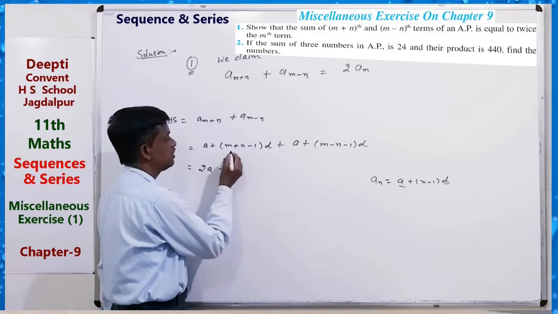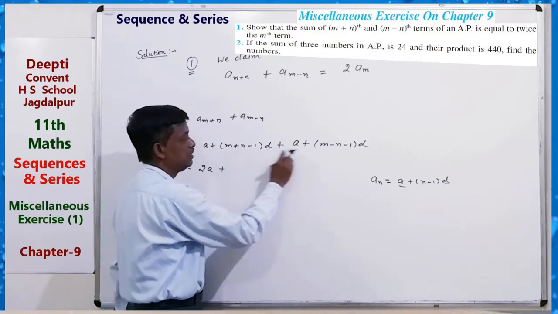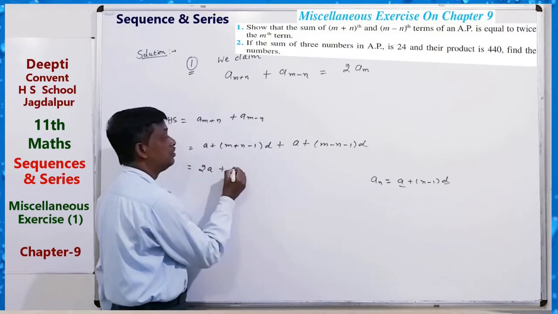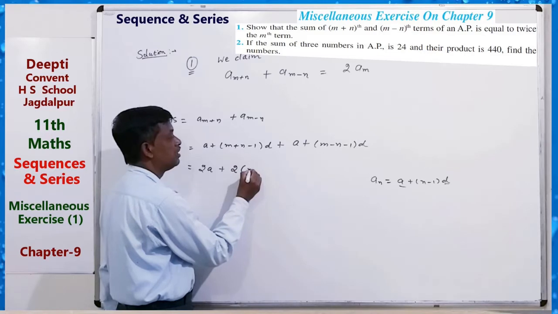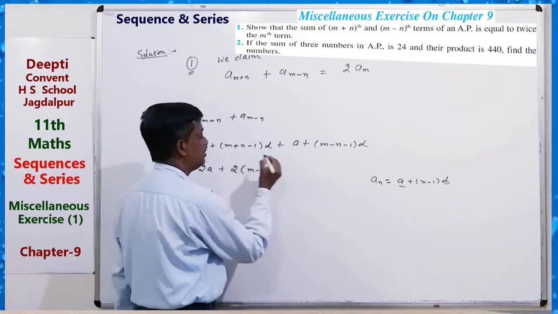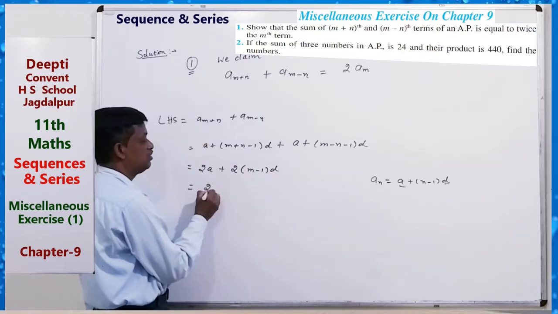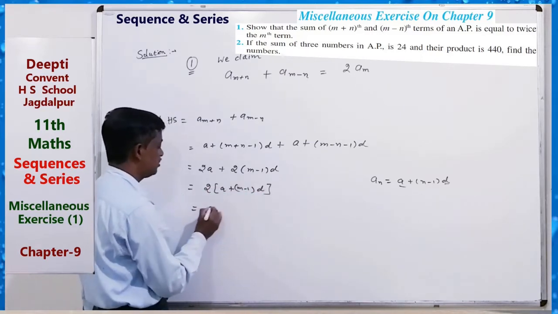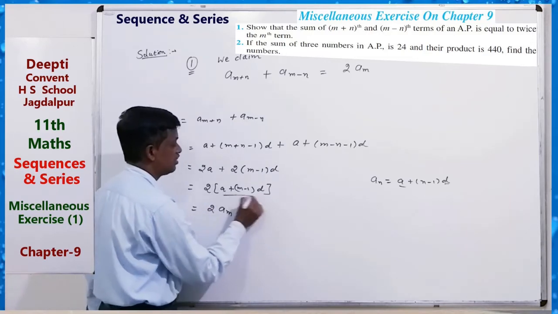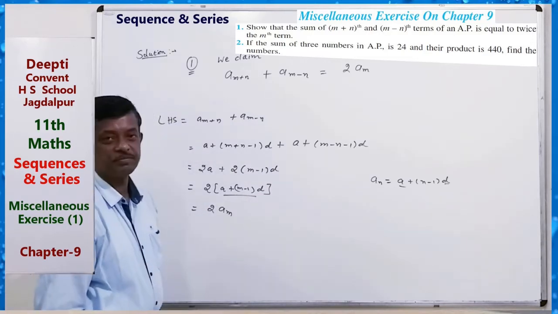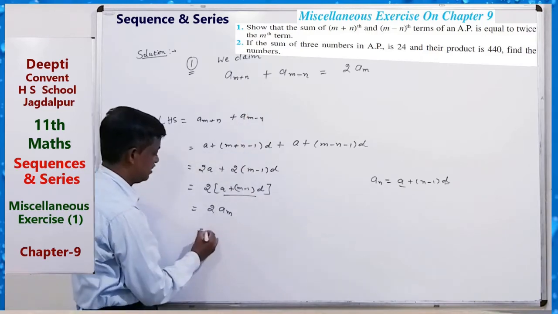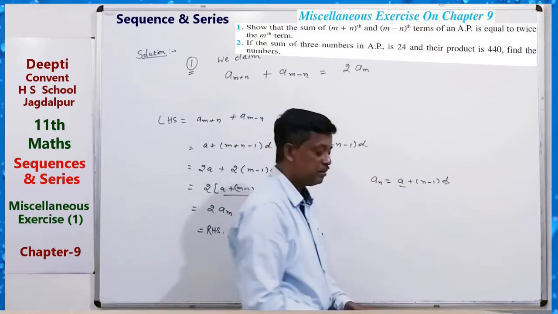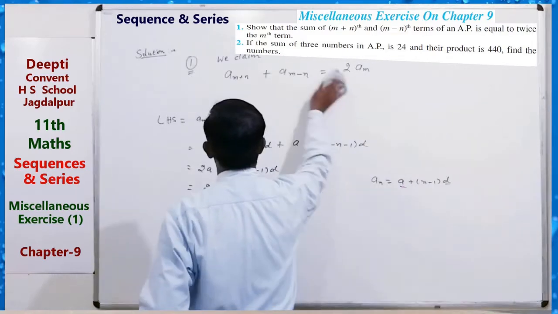Okay, so we can see the plus nd and minus nd cancel. So 2 times (m minus 1) d, so this is equal to 2 times (A plus (m minus 1) into d). This is the mth term. So right hand side. So very simple. You can solve, A and d are first term and common difference.